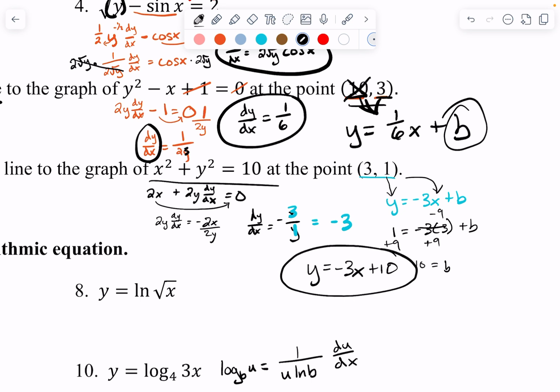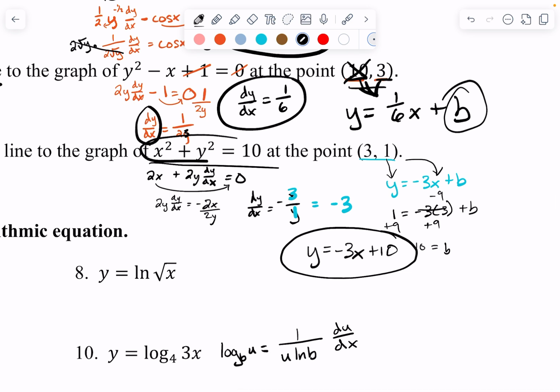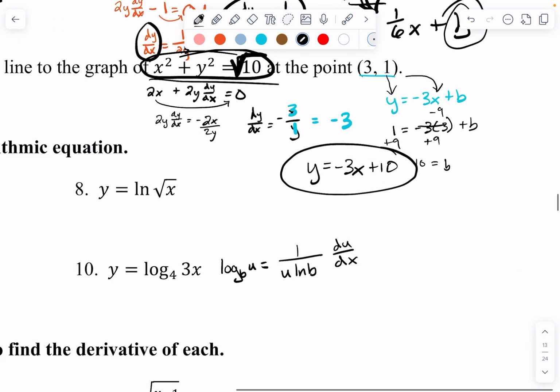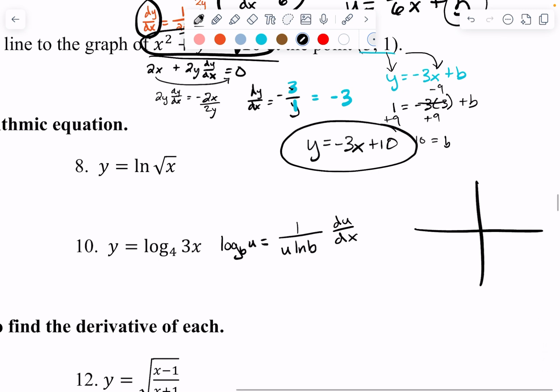Okay, just so you know what we're doing right here. This is actually the equation of a circle. x squared plus y squared. It's a circle centered at 0, 0 with a radius of square root of 10, which is a little over 3 for a radius, right? Don't draw this. Centered at 0, 0, radius of a little over 3.